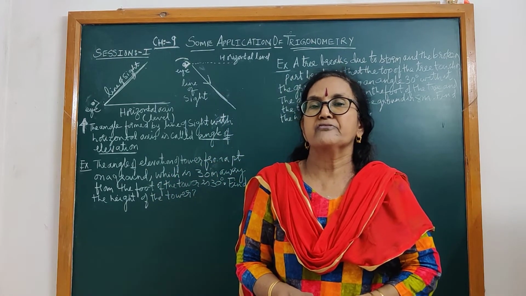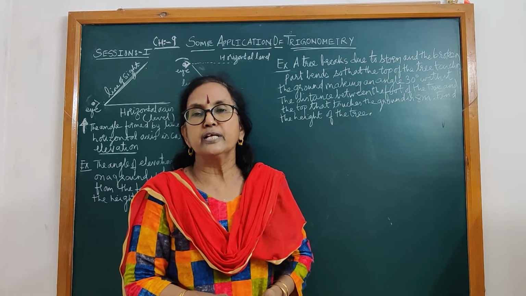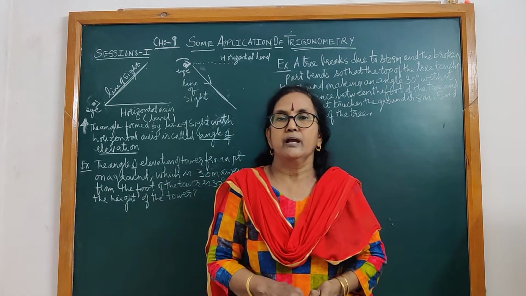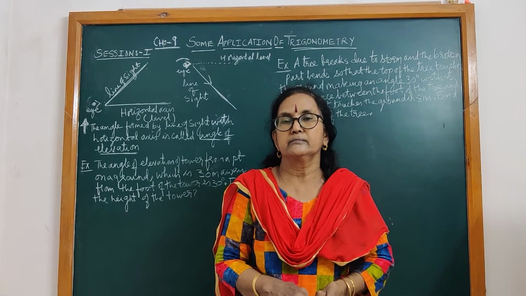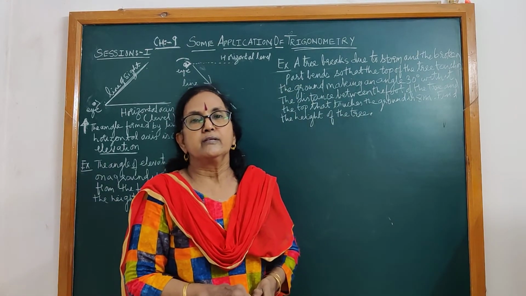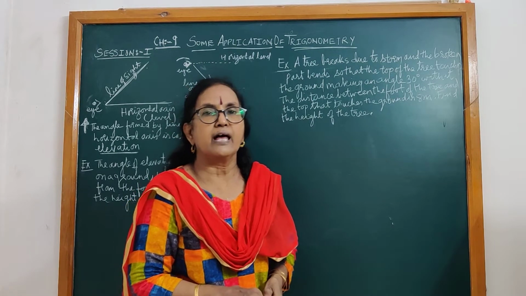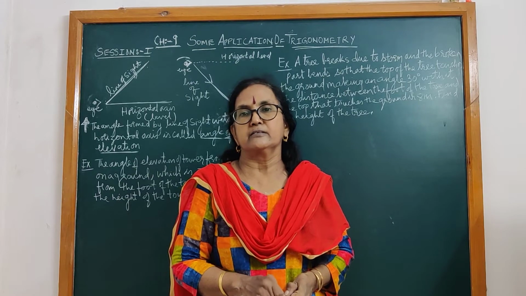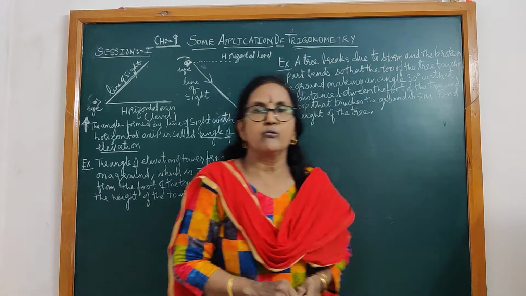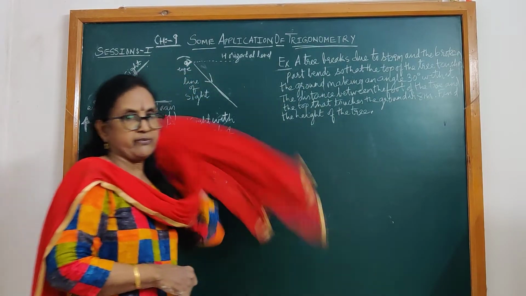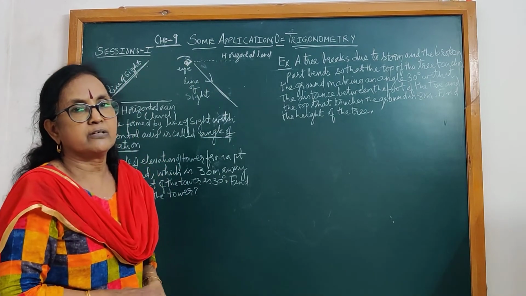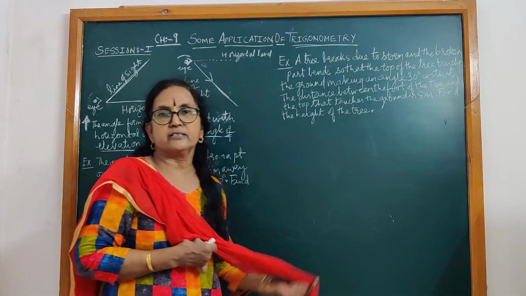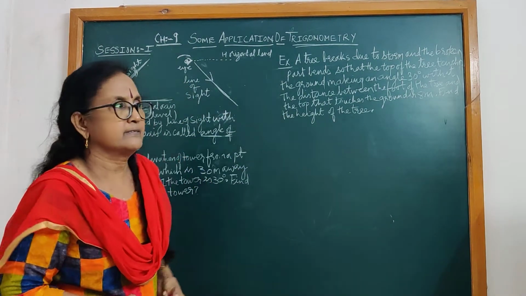You know that astronomers use trigonometric ratios and their application to find out the distances of the sun, the planets and the stars. The distances can be found out by using trigonometry. So in this chapter we will study how to find out the height and the distance of objects.